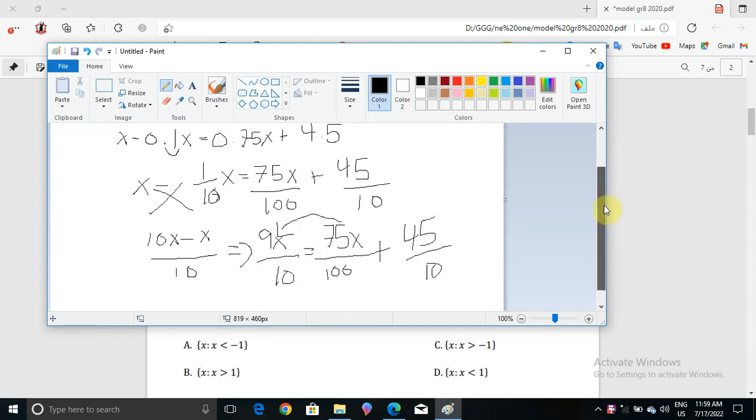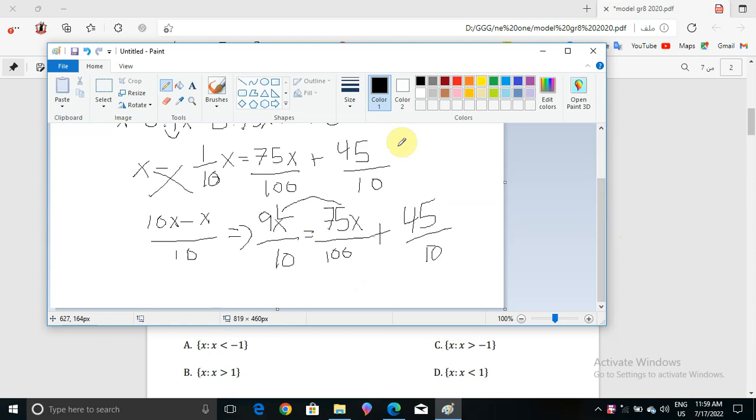So that means we will make here what? 9x minus 75x, here 9x over 10, and 75x, which is over 100.